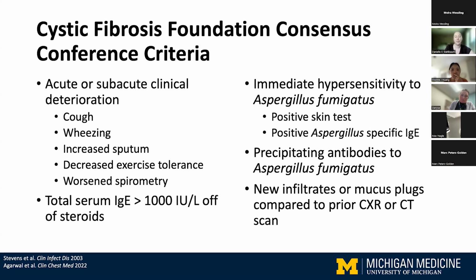There is a higher serum IgE cutoff than the asthma criteria, greater than 1,000. And you have to see some worsening on CT scan with new mucus plugs or infiltrates there.